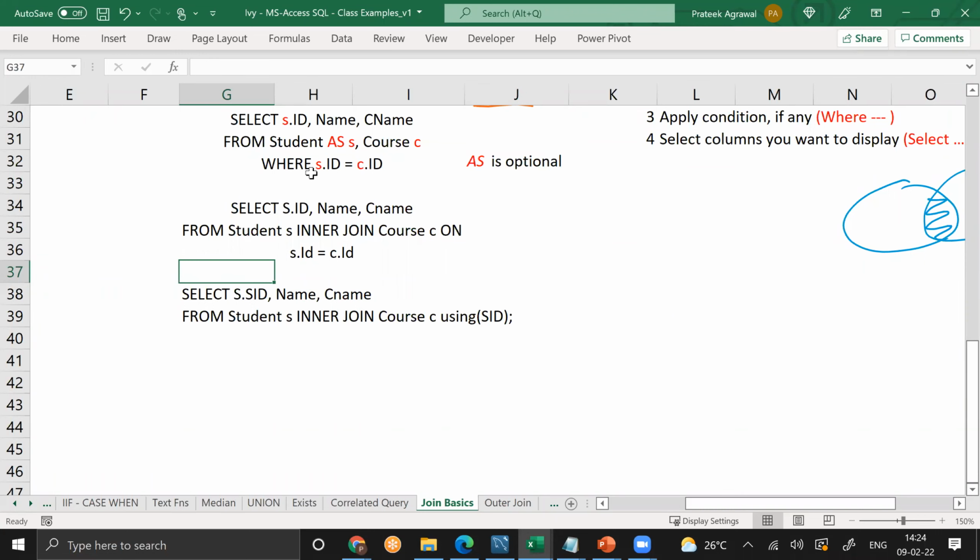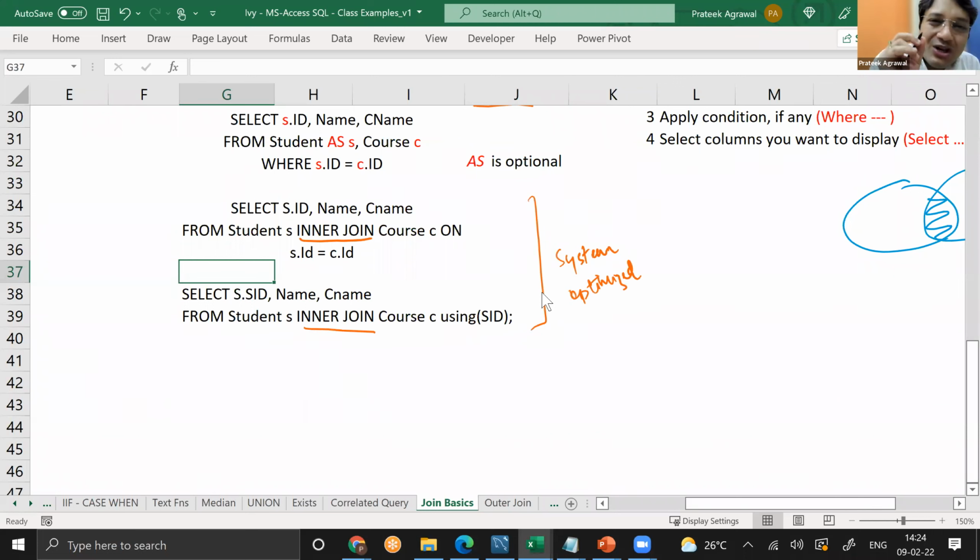The reason is these are system optimized. The moment a database software sees that you're using inner join, they know it's going to be a big operation. Let's optimize it. Let's open both the tables together. That's where the databases differ from each other.